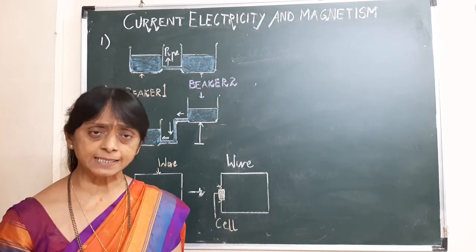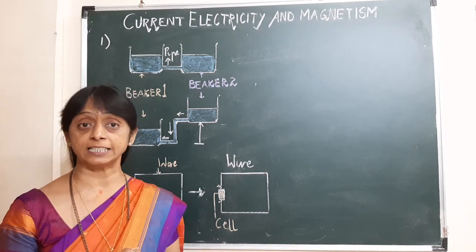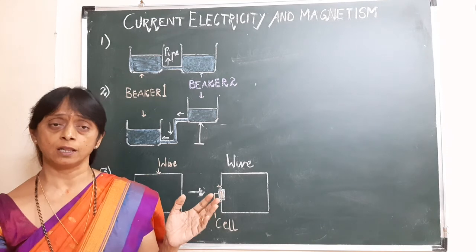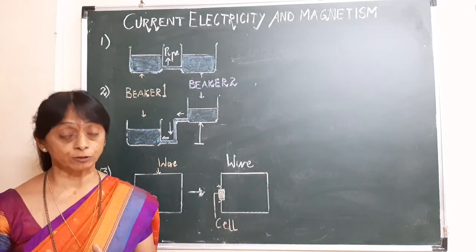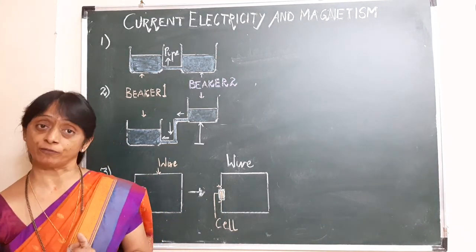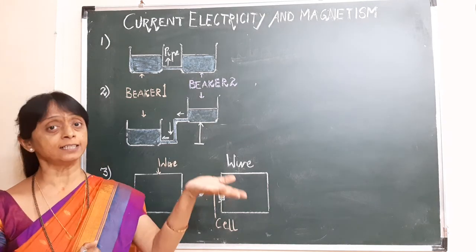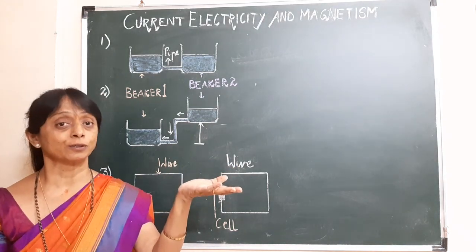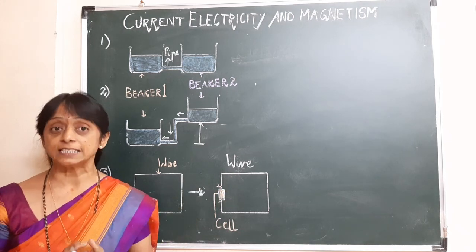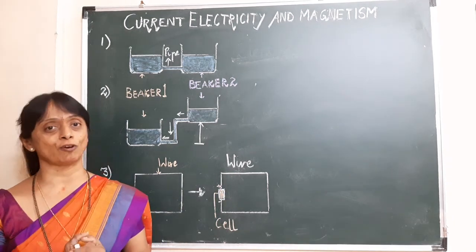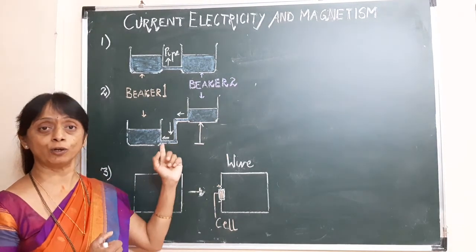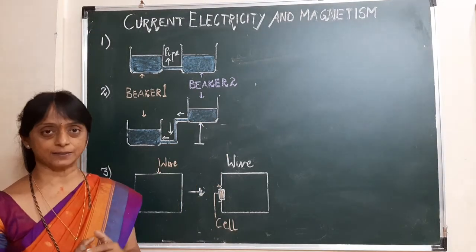No. But if there is a difference in temperature between the two touching bodies, then heat always flows from a body at a higher temperature to a body at a lower temperature. So the factor there was the difference in temperatures of the two bodies. Here, the factor that triggered water flow is height.